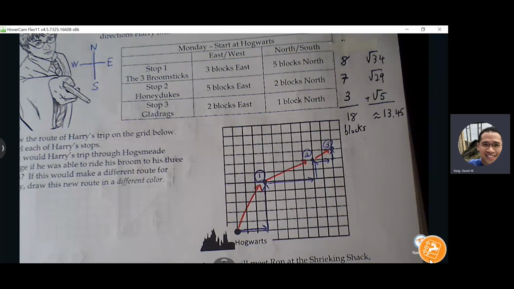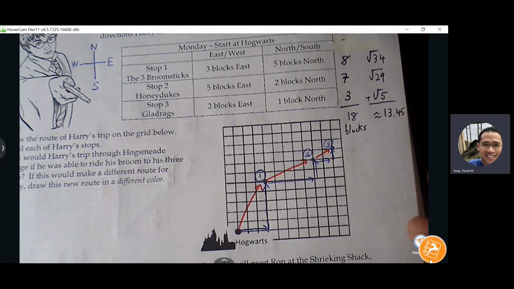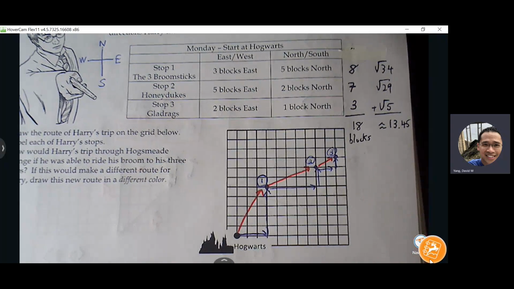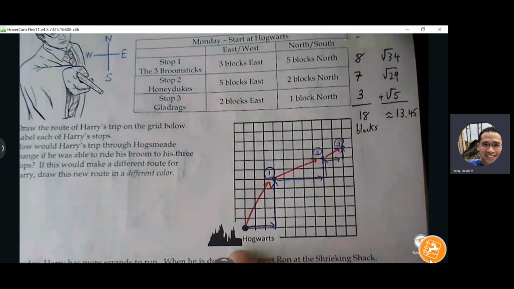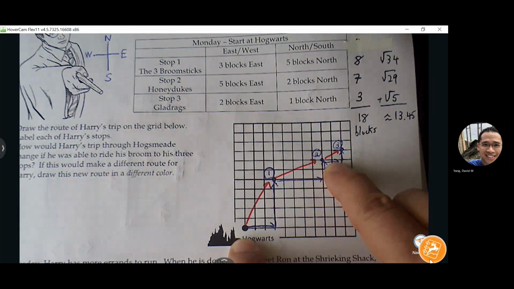So traveling directly between each of those destinations would be 13.45 blocks in total versus 18 blocks if you were to walk a horizontal and vertical path. Square roots of 34 and 29. These are the lengths of the hypotenuse of each of the triangles.